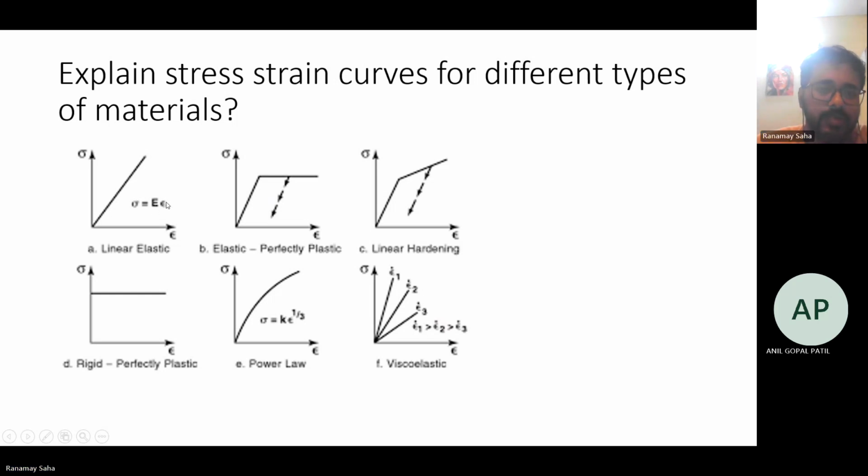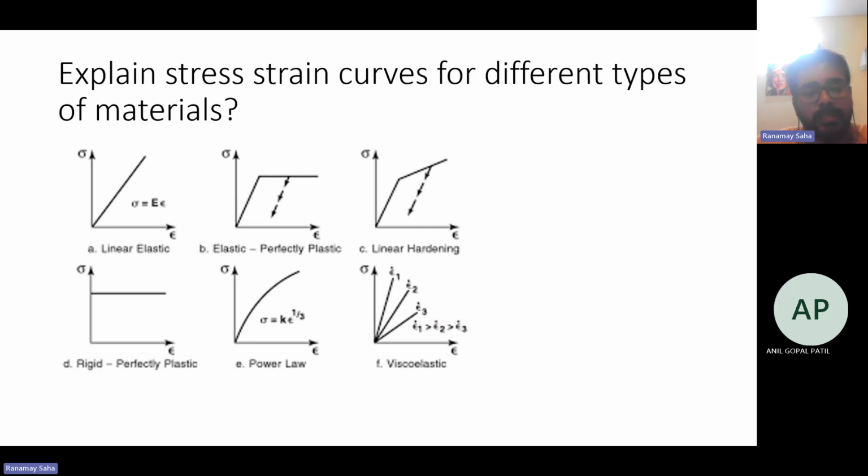Now there are two concepts to remember here. One is the proportionality limit, up to which the material obeys Hooke's law.